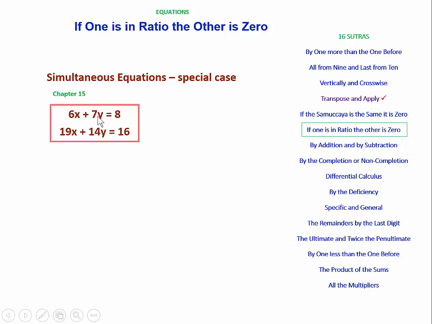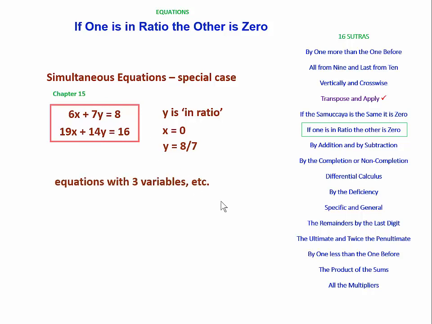The ratio is 1 to 2. 14 is double 7 and 16 is double 8. And if one is in ratio, the sutra says, the other is 0, which means x is 0. Y is in ratio, so x is 0. And if x is 0, y is 8 over 7. You can see that from here.